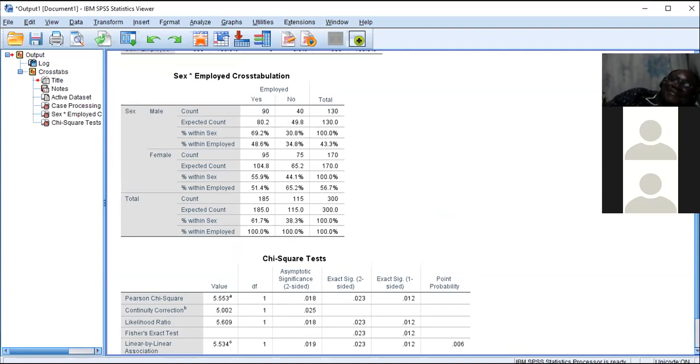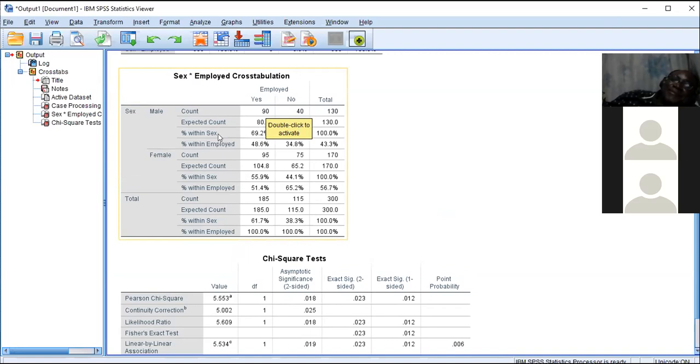Let me just quickly explain within a short time. What I did there is that on this table, you can see the observed value, the value we showed yesterday, the real value you observed in your study, which is 90, 40, 95, 75.